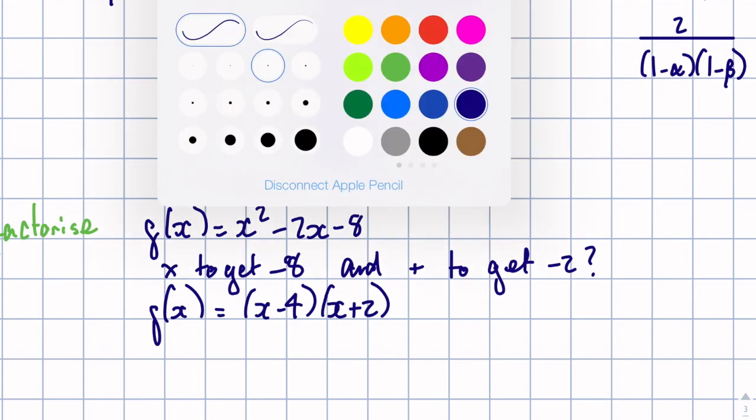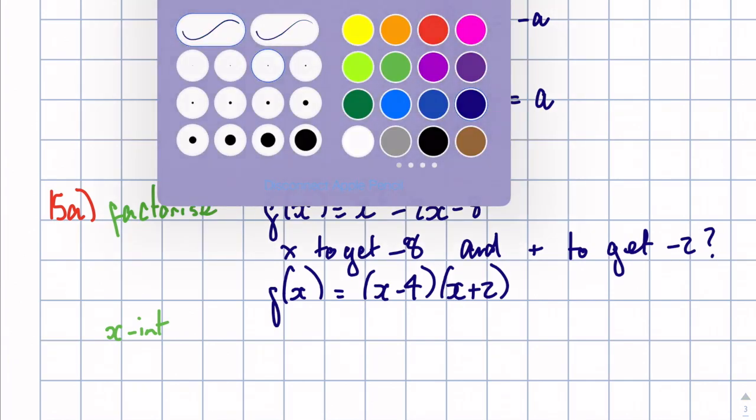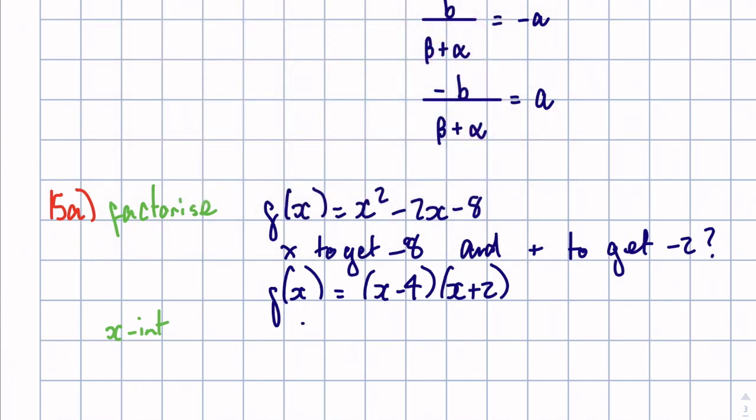And now to get my x-intercepts, they're not actually asking me to sketch this. They're just wanting me to do a few steps. So x-intercepts, y equals 0, x take 4, x plus 2. So x equals 4 and x equals minus 2.